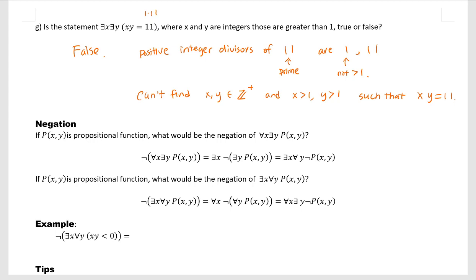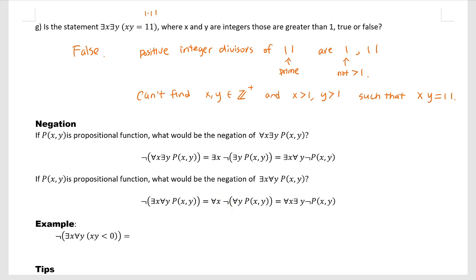It flips the for all to there exists, and it changes the there exists to for all, and then you still have the not P. And the negation of there exists, for all: it changes there exists to for all, and for all to there exists, and then we also have the not P.